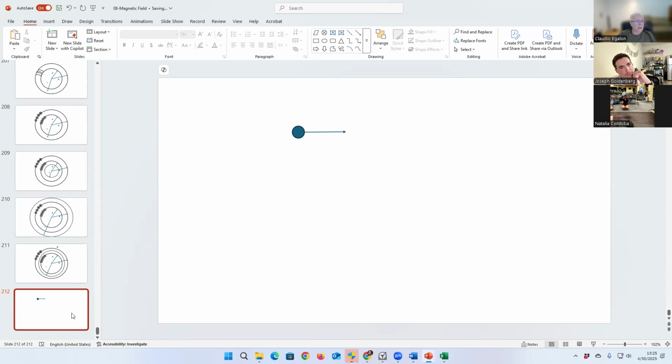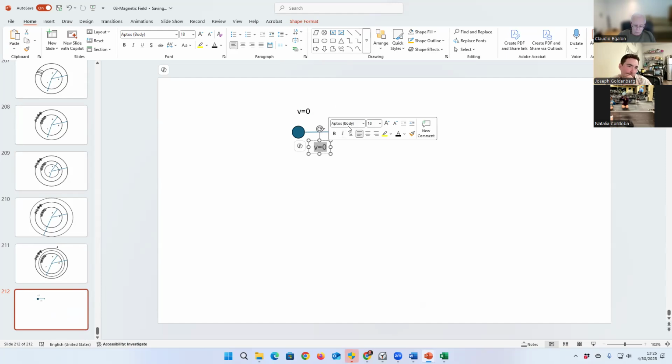Initially at rest, velocity is equal to 0, and the force is different from 0, greater than 0. Initially this object is going to be here.